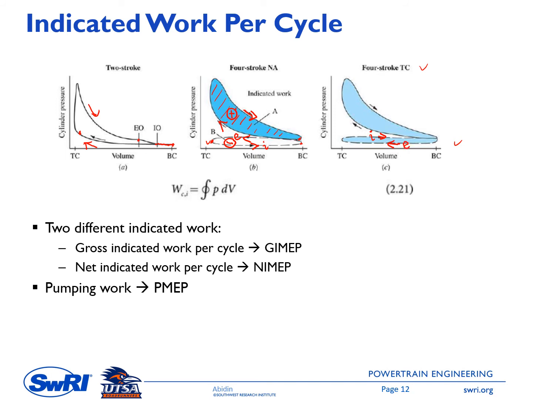Now you can see that the direction of this process line is clockwise. It means it makes a positive work, and this one also still makes a positive work. So from these two features, you can see the benefit of having a turbocharger in the engine, namely to increase the power of the engine. Then we can calculate the work, and this is indicated work.